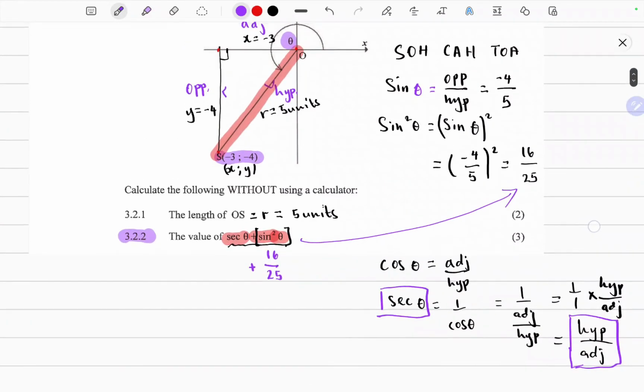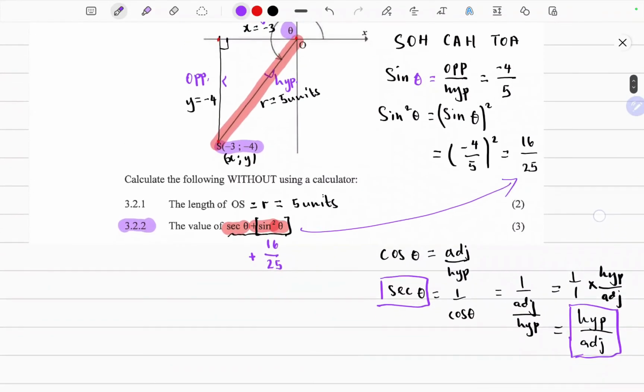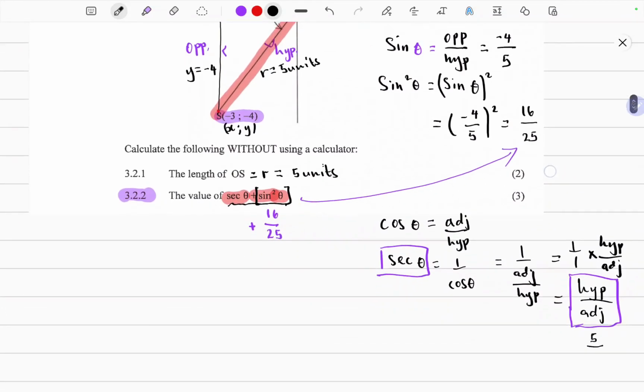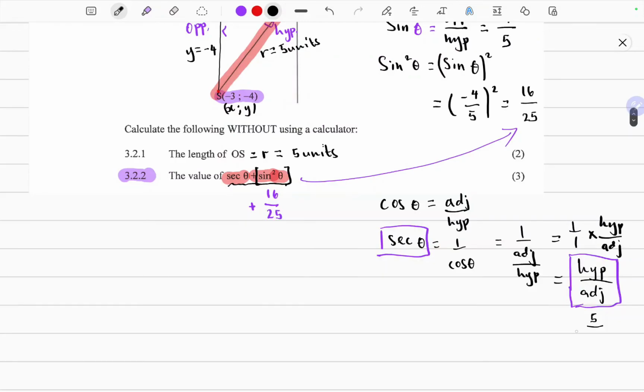So now we can just substitute for sec theta. The hypotenuse being 5, and the adjacent side being -3. So we can replace this with 5 over -3.